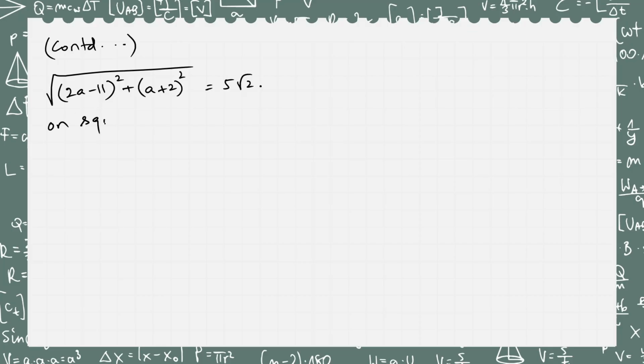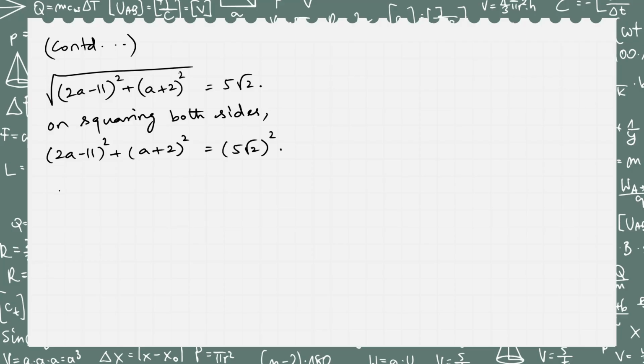On squaring both sides, because we don't want to continue with the square root on the left side. So on squaring both sides, the square and root will cancel each other, right? So the left side will become without the square root. But we have to square the right side, right? So (5 root 2) whole square.